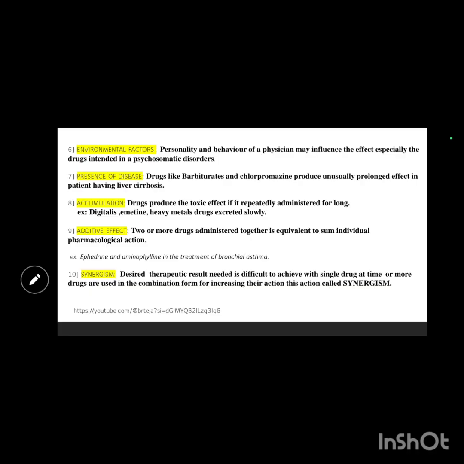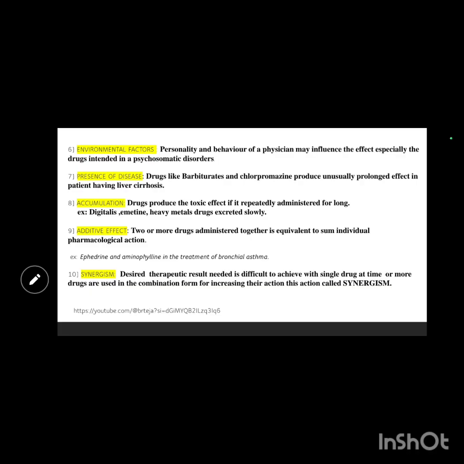Next, accumulation. Drugs produce toxic effects when repeatedly administered for a long time. Examples are digitalis, emetine, and heavy metals, because these drugs are excreted slowly. This occurs due to the accumulative effect of the drug.